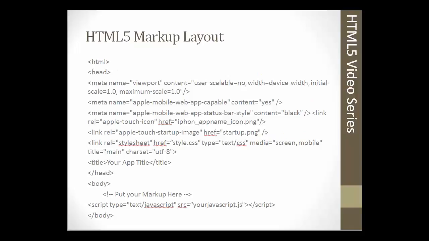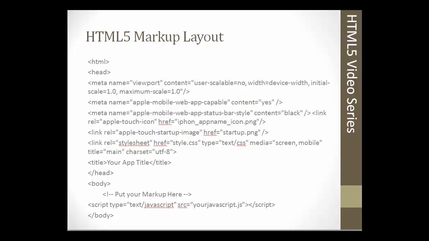Now, like I said earlier, I'm not going to go deep into the code because there are so many different things to explain and do, and it wouldn't go along with the scope of this series. But this would be an example of just the basic HTML5 layout of a hybrid HTML5 Apple iPhone app.